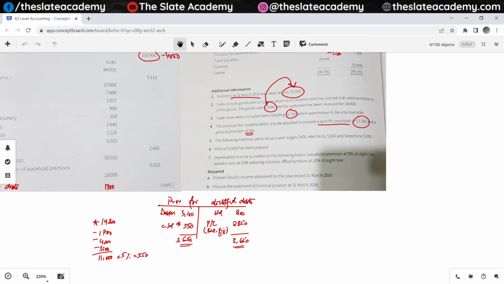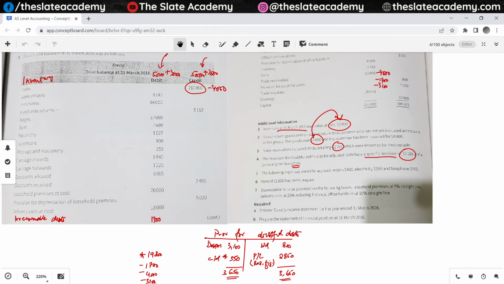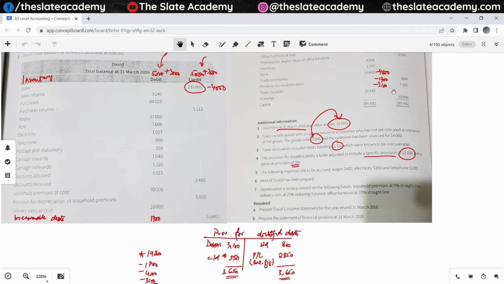Acha. So the double entry for this would be, one entry we made: debtors credit, and over here I can write provision for doubtful debts.